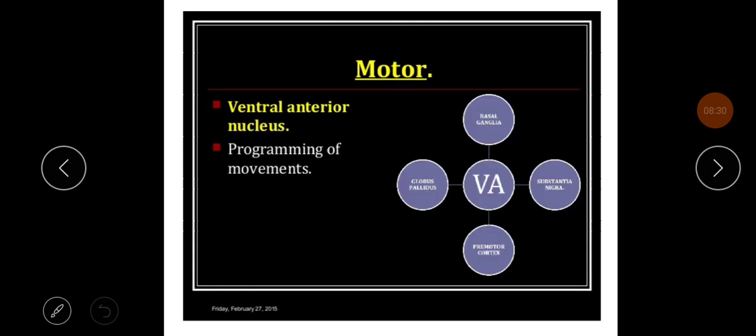Here the ventral anterior thalamus is also very important. It is very much connected to the globus pallidus and substantia nigra. These are parts of the basal ganglia, and eventually it connects to the premotor cortex. Thus it plays a very important role in the programming of movements.